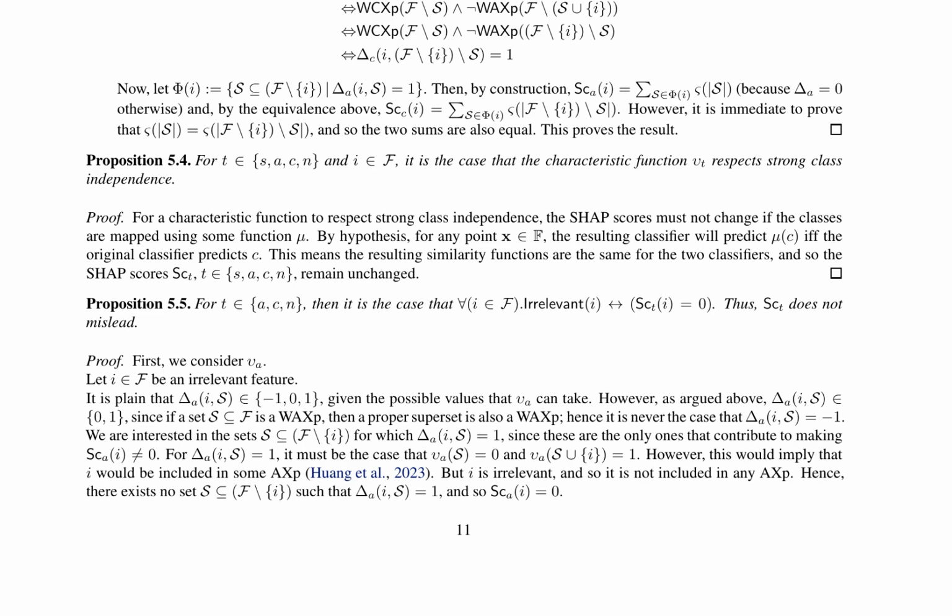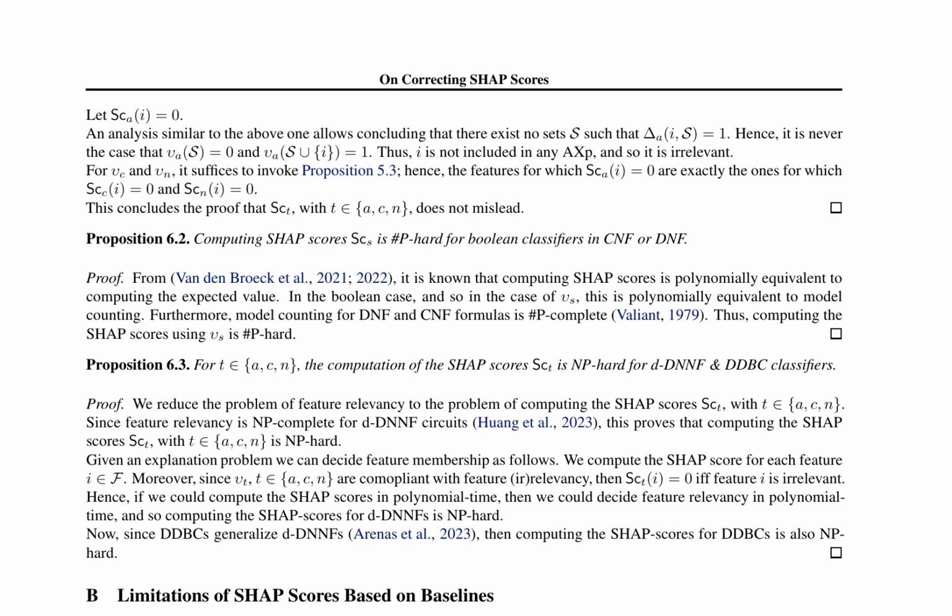Proposition 5.4 proves that the characteristic functions υt, t element of {A, C, N}, respect strong class independence. Proposition 5.5 states that for t element of {A, C, N}, feature I is irrelevant if and only if SCT(I) equals 0, implying that SCT does not mislead.